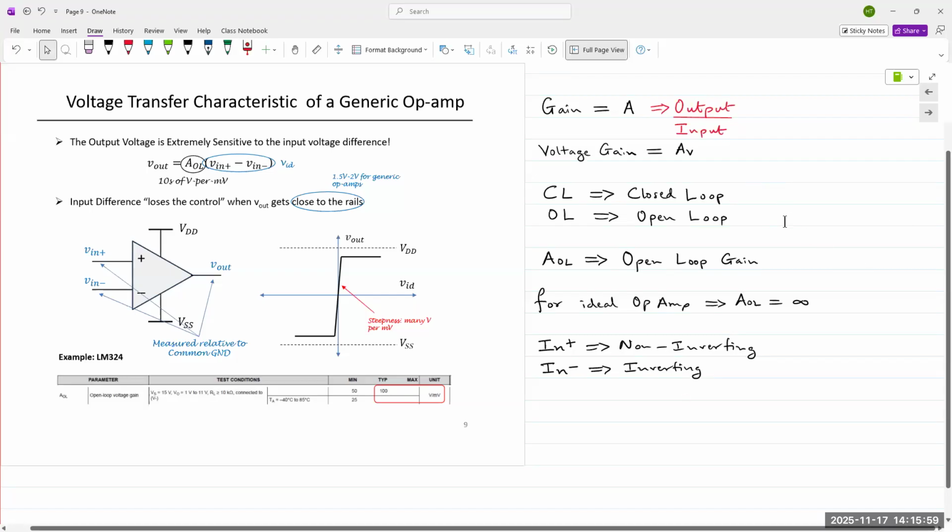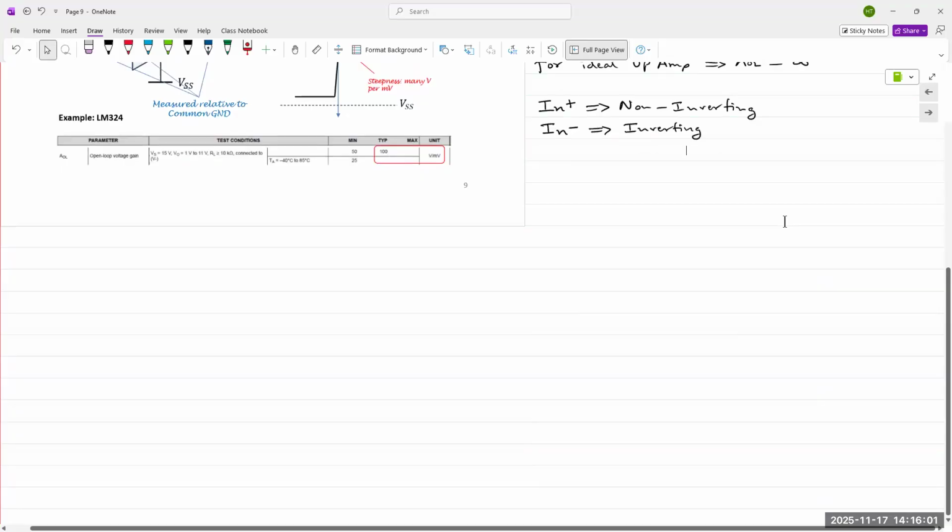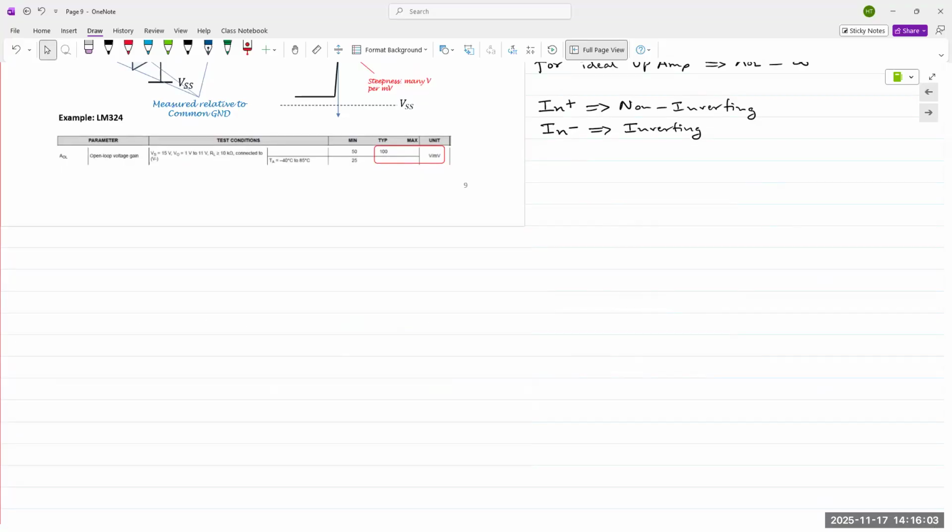Before we again get into the op amps, let me just give a brief overview of what an amplifier is and what it actually does.